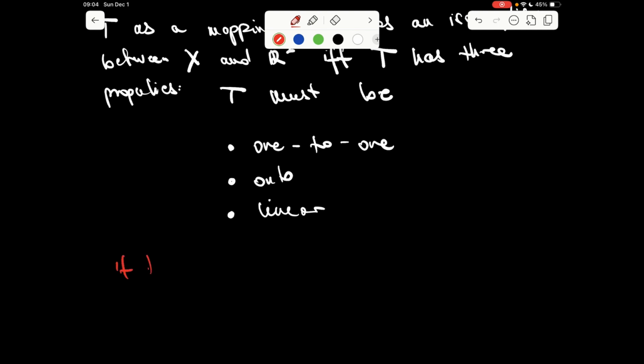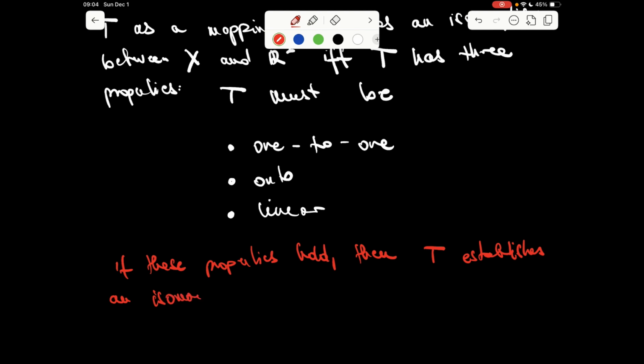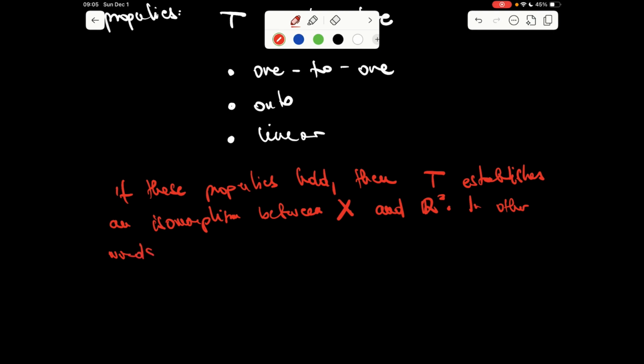So if these properties hold, then T establishes an isomorphism between X and R squared. In other words, X and R squared are isomorphic.